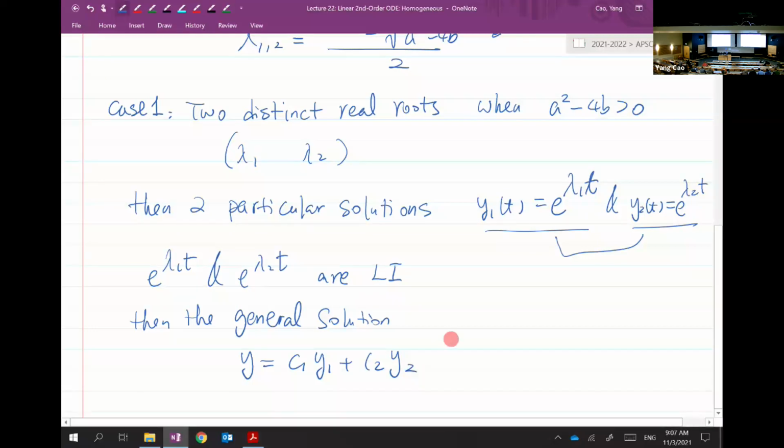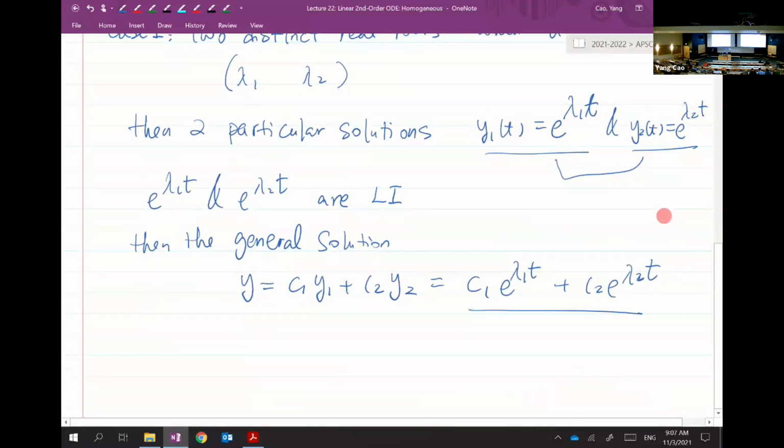So then you plug in y1 and y2 here, and you get c1 e to the power lambda 1t plus c2 e to the power lambda 2t. That's actually the easiest case among the three different cases. So you got two real roots, and your general solution is based on the two real roots, lambda 1 and lambda 2.